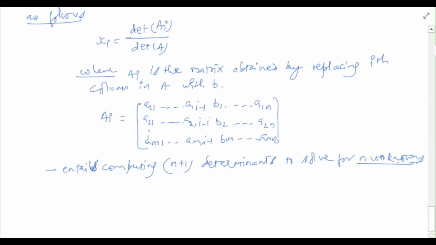As I stated, Cramer's rule works only if the system of equations has a solution and has a unique solution.